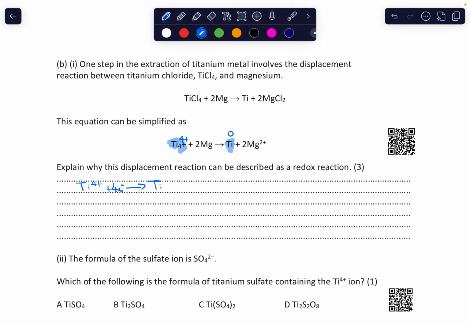So adding electrons, gaining electrons, that is an example of reduction. If we look at what's happening here to the magnesium, so there's my 2 magnesiums, the magnesium has gone from 0 charge here to a 2 plus charge here.